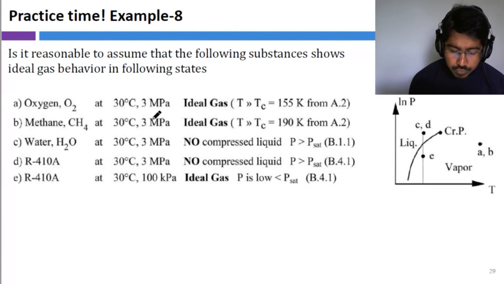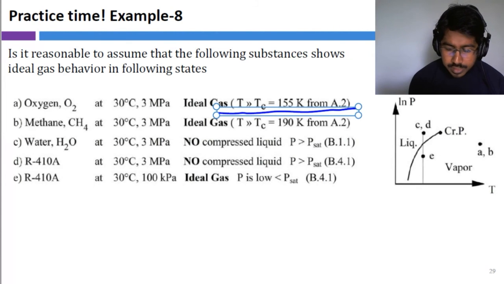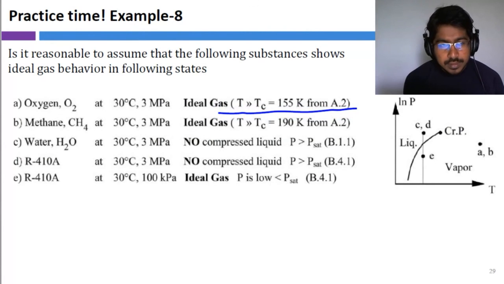We locate the critical temperature for oxygen, and it is 155 Kelvin. So 30 Celsius means it's roughly 303 kelvins, right? Is it significantly higher than the critical temperature? Yes, because it's almost 2 times the number. Therefore, definitely it is significantly higher.